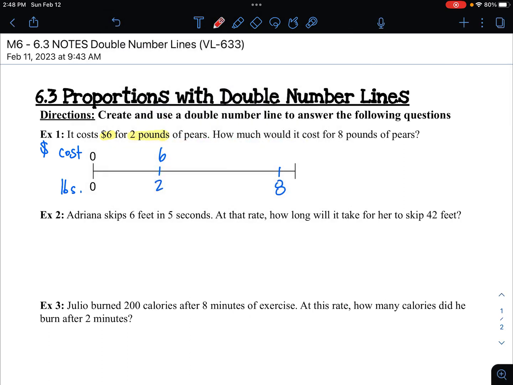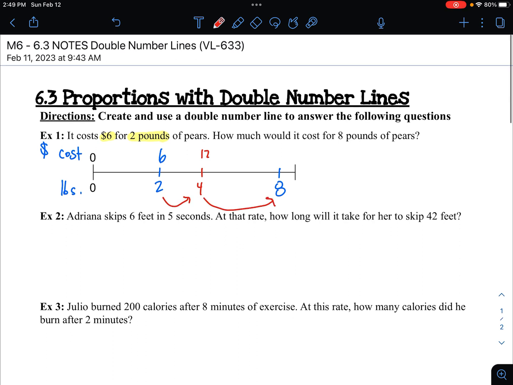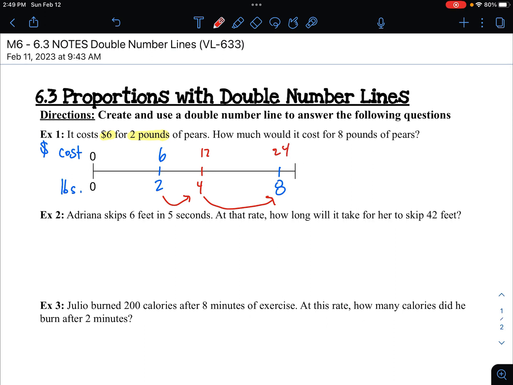Well, if it's $6 for 2, you may be thinking 4 would be double that, because you're just doubling it. And 4 to 8, you're doubling that. So from 12 to 24. That's one way of using a double number line.